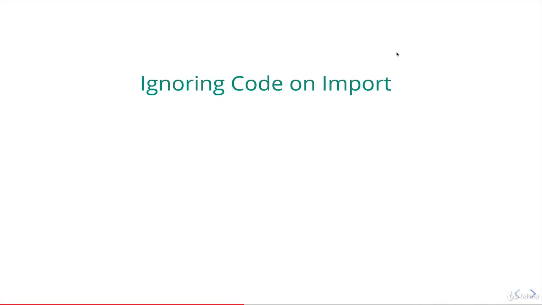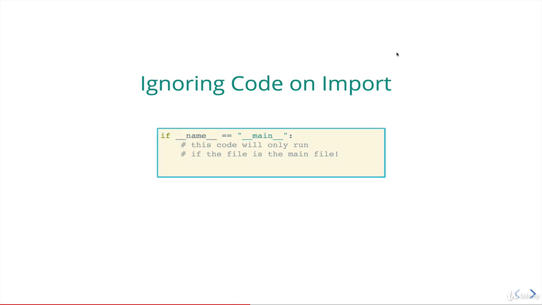So to prevent code from being run if it's not in the main file we're trying to execute, there's a little trick we can do. It's pretty simple. We're just going to check if name is equal to main, then we'll run that code. And that way it will only run if it's in the main file that's being executed.